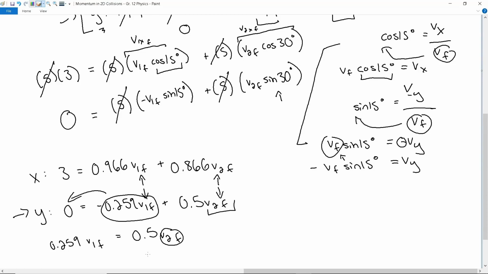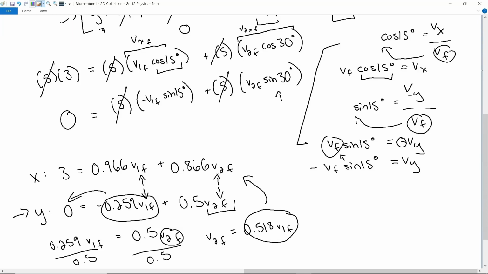Still, we need to isolate for this variable. So let's divide both sides by 0.5. And this is the value I get for v2f. Now all I need to do is plug this into my first equation, my x equation. That way I'll only have one variable to solve for, which will be v1f.